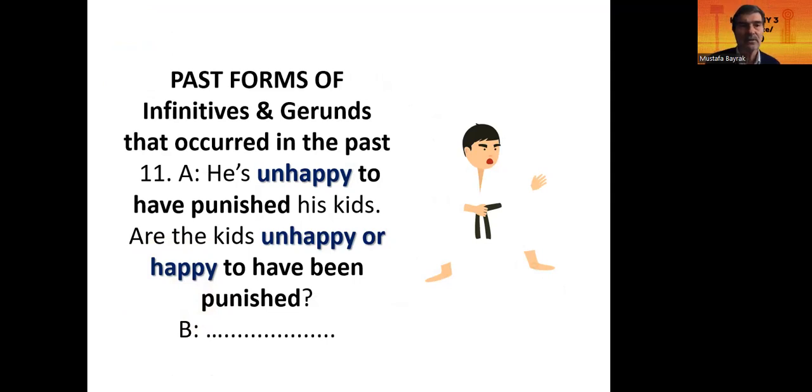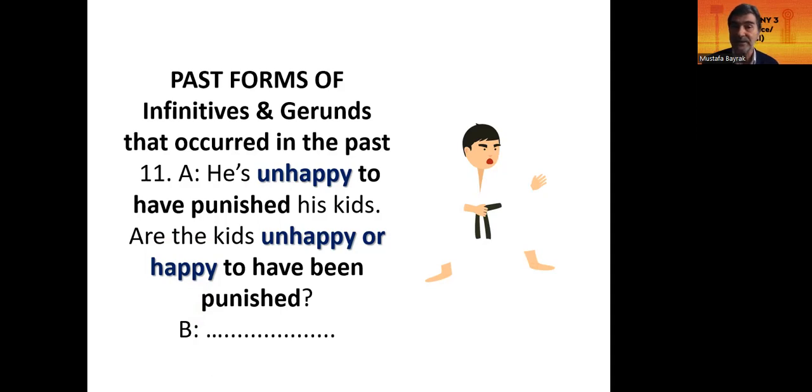For example, 11a. He is unhappy. He is unhappy, adjective to do. He is unhappy to have punished his kids. He is unhappy to punish his kids. He is unhappy to have punished his kids. So after the adjective, to have is the verb here. Are the kids unhappy or happy to have been punished?